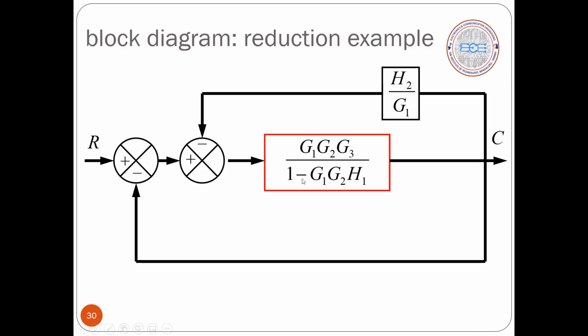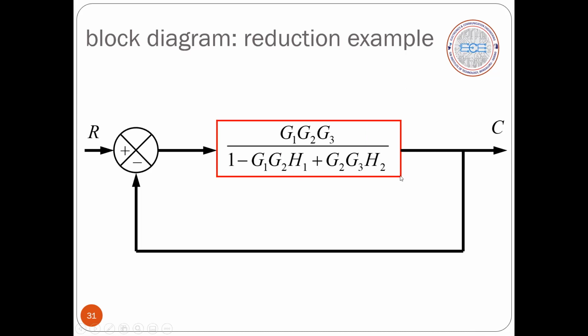Okay, so first let us group these two blocks. We have done it. Then we have simplified that single loop according to the formula, that is forward path divided by 1 plus, and that simplification we have done. So we got this particular block. Okay, so this is what we have, a standard canonical form.